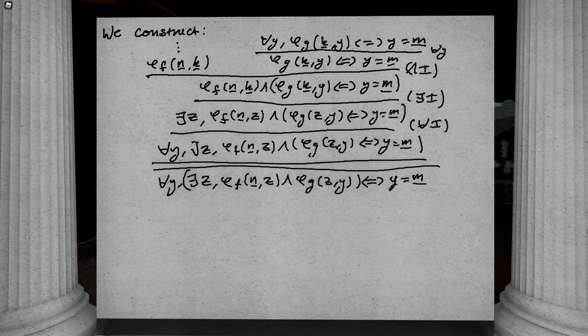You existentially eliminate the existential statement, you replace Z with some whatever, and then you derive that. Well, you've got phi f and Z, so Z must be K, and then using that you can derive that Y has to be M from phi G Z M.